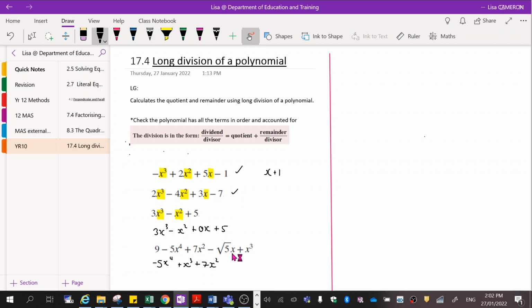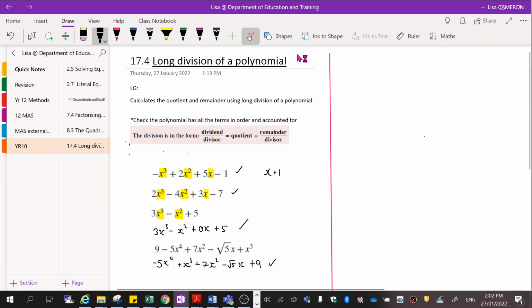Then I'm looking for my x term, minus root 5 x. Then I'm putting my constant on. So you can see that everything took the sign in front of it. If it was a negative, it stayed as a negative. We didn't change those, but now it is in order and all of the terms are accounted for. So I could use that one or that one now.